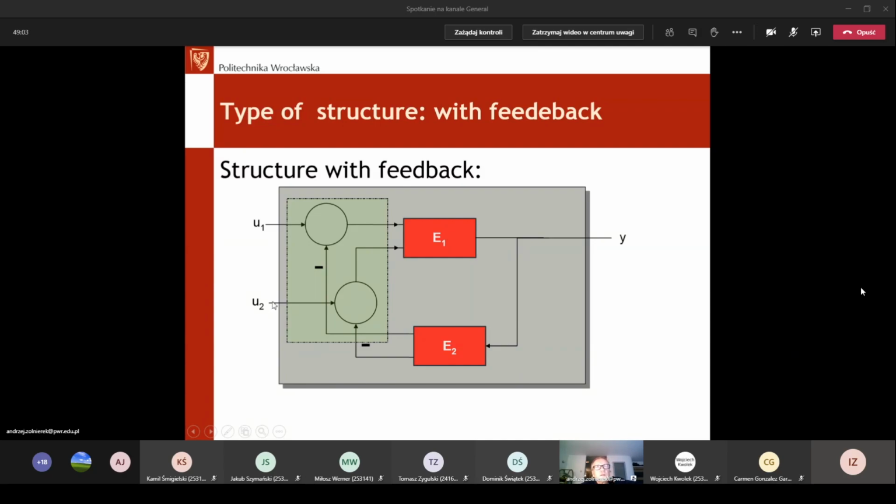What for? This is a very important structure because it modifies the properties of this element. We can obtain different modifications applying different kinds of feedback.